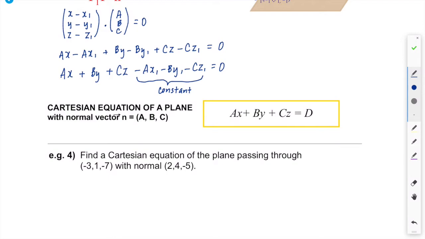This equation is very handy because you should notice that we have a normal vector of (A, B, C), and that matches with the coefficients of x, y, and z in this equation of a plane.